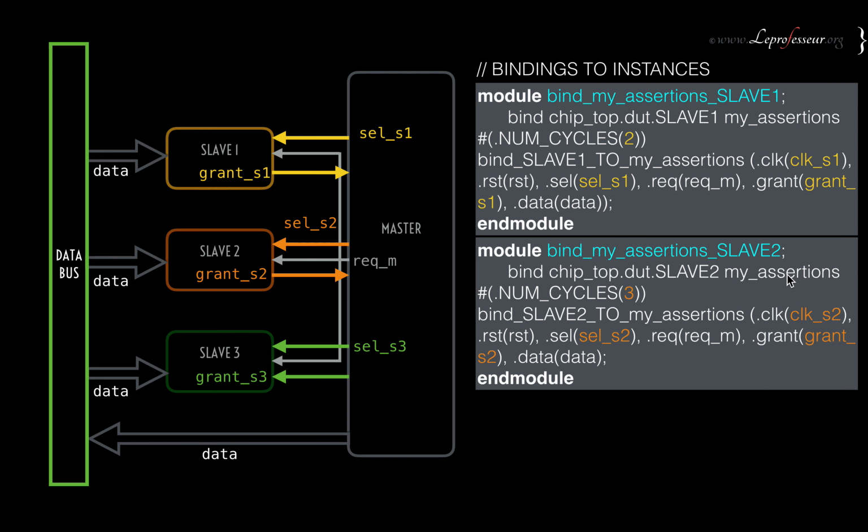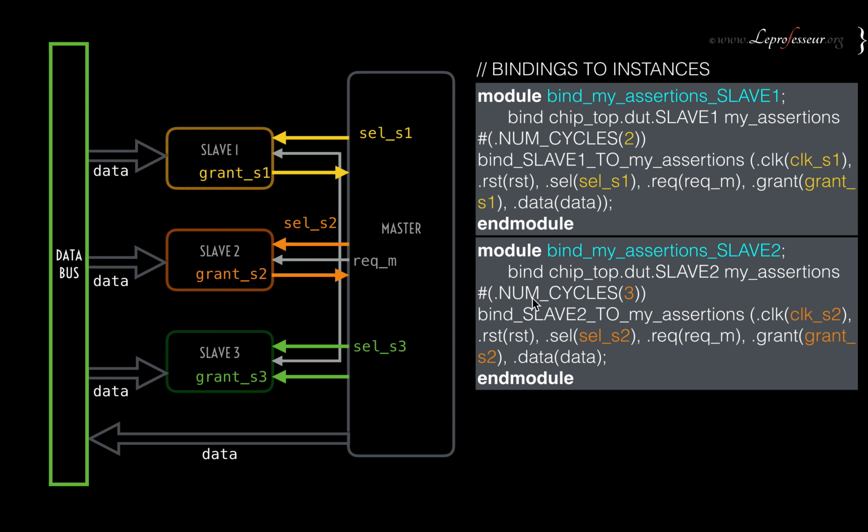Then my assertions module name, and here let's say for slave 2 I want to change the number of cycles, which is 3. Maybe slave 2 is sitting very far away from the master as compared to slave 1, depending upon the chip layout. So I would like to change the number of cycles to 3.